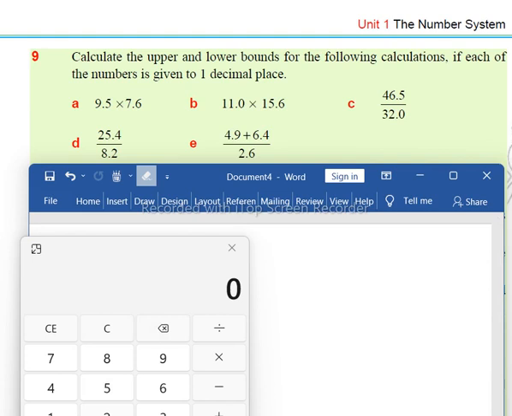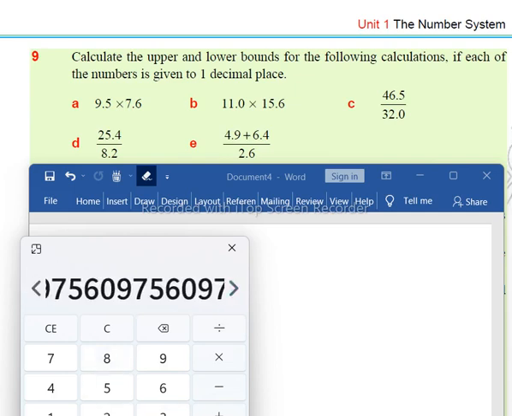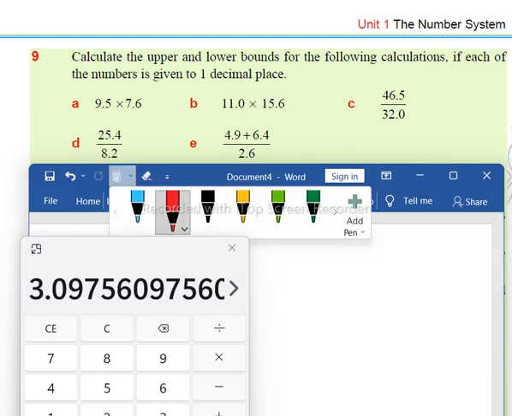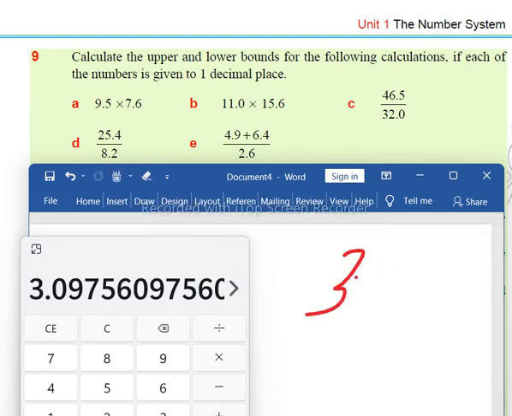We have 25.4 divided by 8.2. So we get a final answer of 3, let us round it to 3.1. We can write it like this. This is the original answer for this question.